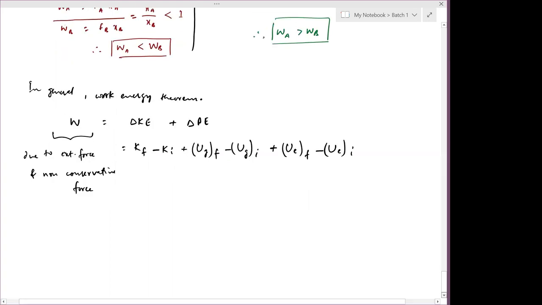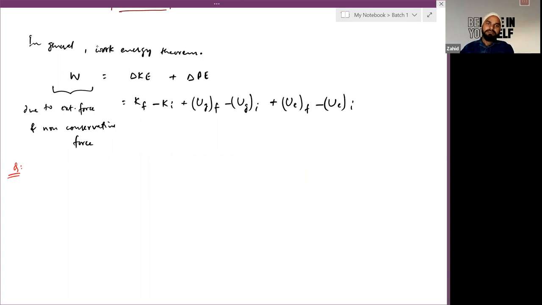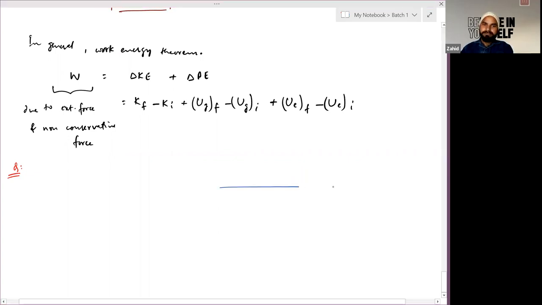I'm defining a question related to this. Suppose you have a surface and there is a support with a spring attached to it, and there is a ball or a block which is going toward it at some velocity v.